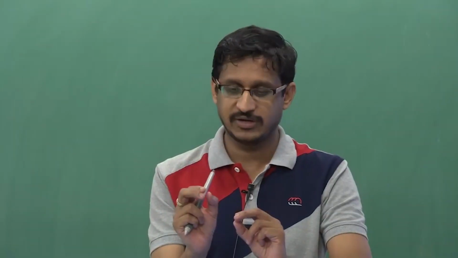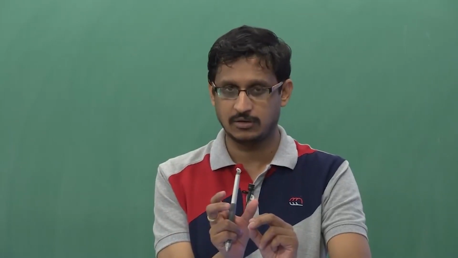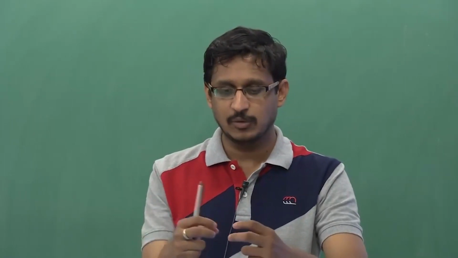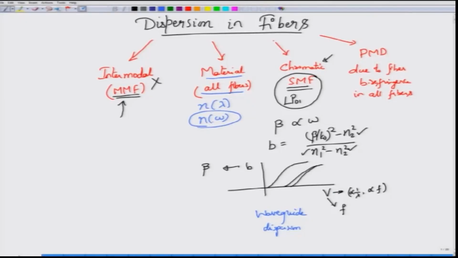GeO2, a germanium oxide component, would respond differently compared to a silica component, and when you fill a certain material with this, there will be a difference in the material responses to the electric fields, giving rise to a refractive index dependence on the frequency itself, and this frequency dependent refractive index turns out to be the reason for material dispersion. So, this is simply saying that refractive index is changing, and this change is a function of frequency.